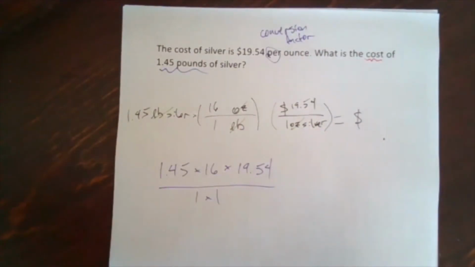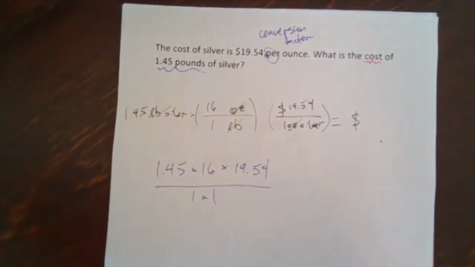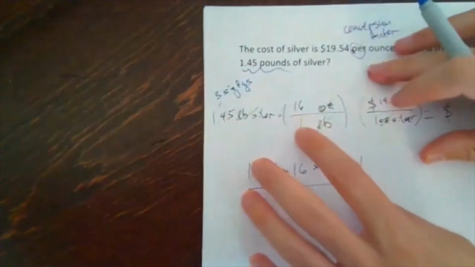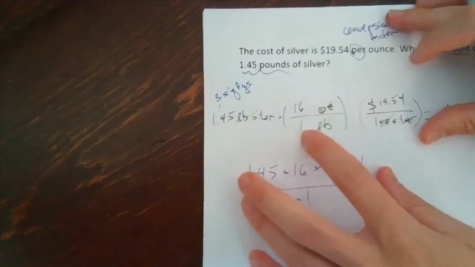The question is, how should we round it? We may be tempted just to go to the 1 cent place, to match that. But this is multiplication, so we can use our sig figs. We can see that 1.45 is 3 sig figs, there's no zeros there. This is a customary to customary conversion, which is a definition.